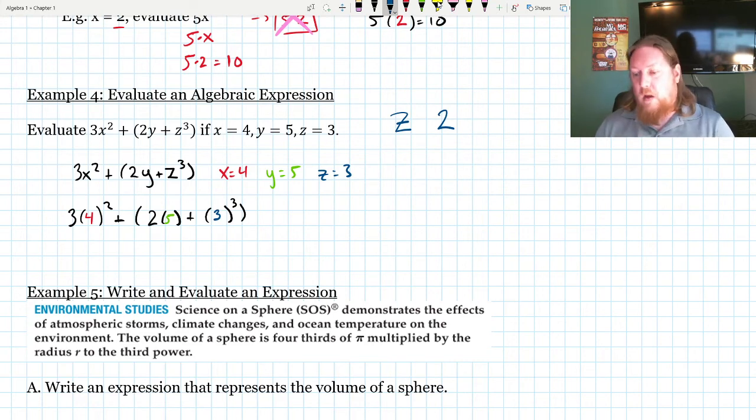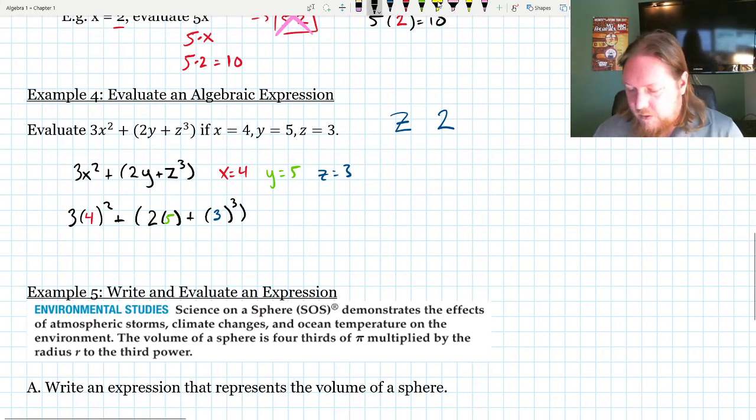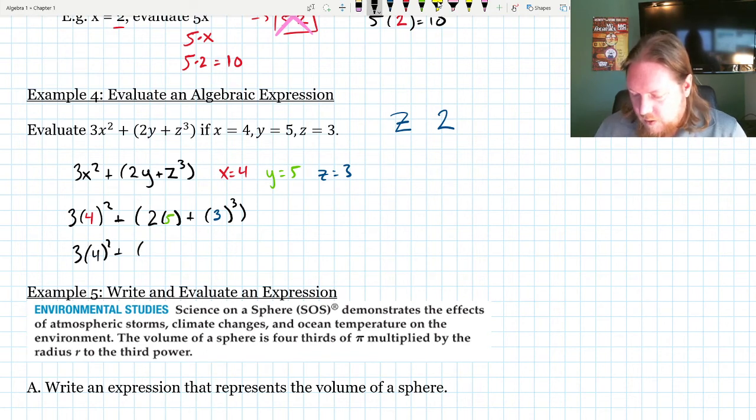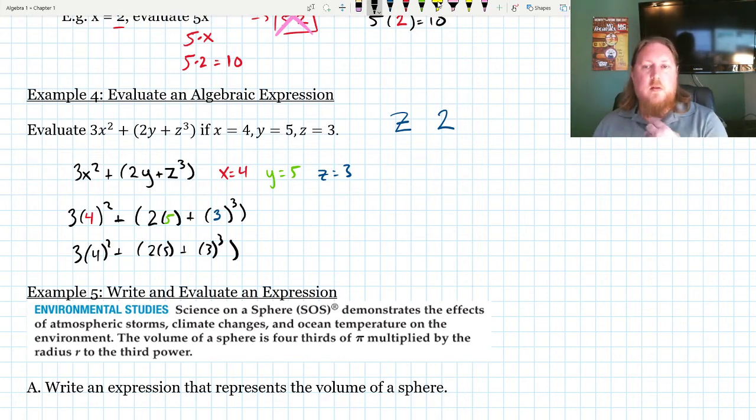But now when I get to this problem right here, 3 times 4 squared plus 2 times 5 plus 3 to the third is no different than any of the last examples that we did. We've gotten rid of all the variables. Now it's just an order of operations problem.